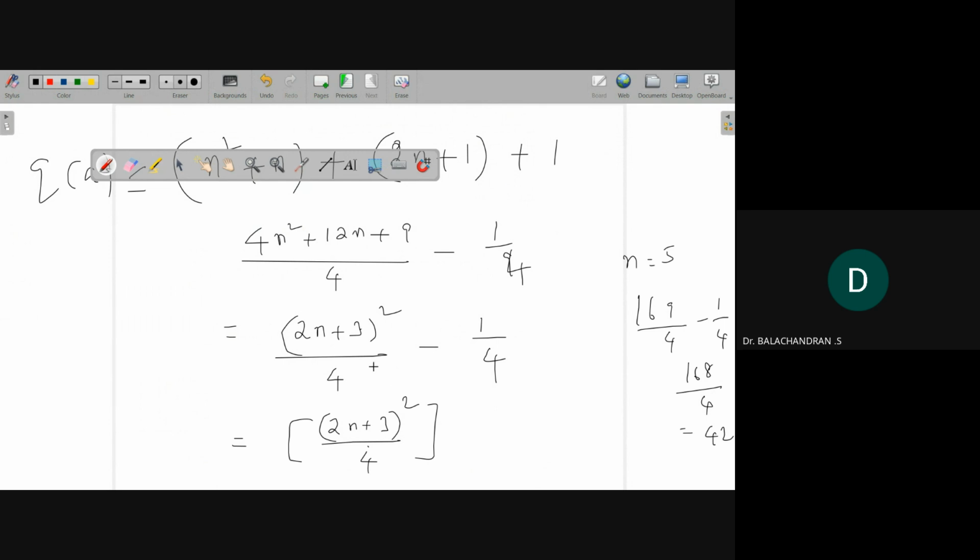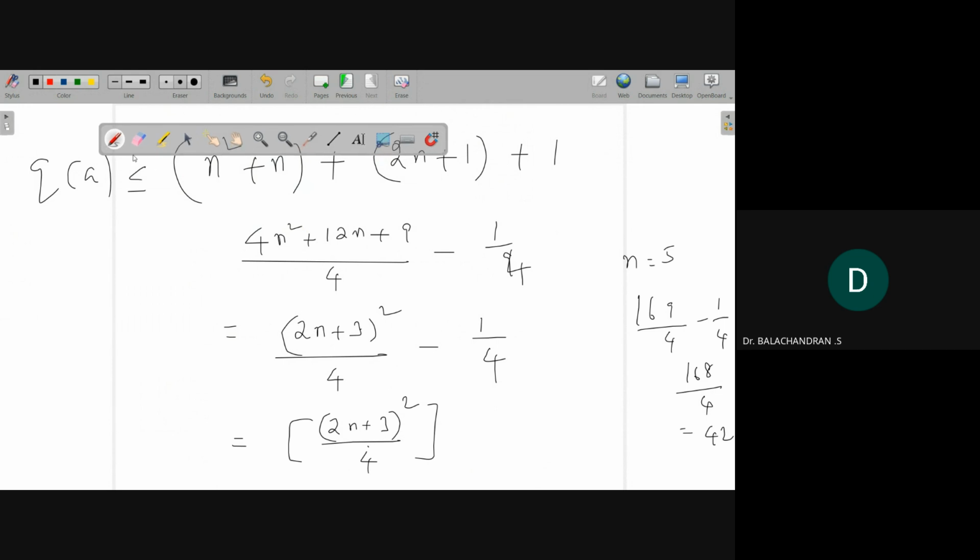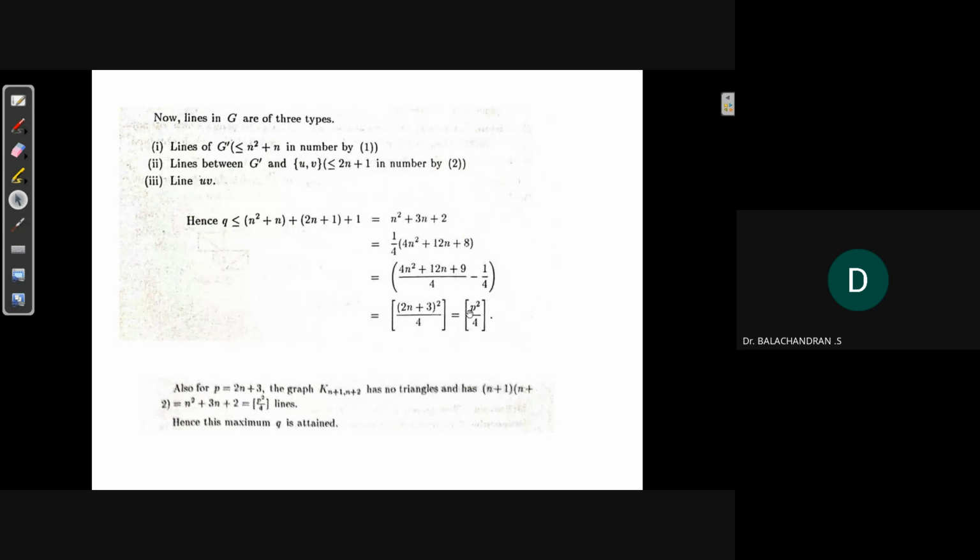Next, Q of G is less than or equal to the greatest integer not exceeding 2n plus 3 whole square by 4. So what is this 2n plus 3? It is the number of vertices in G. You can see here the number of vertices in G is 2n plus 3, so p square by 4.